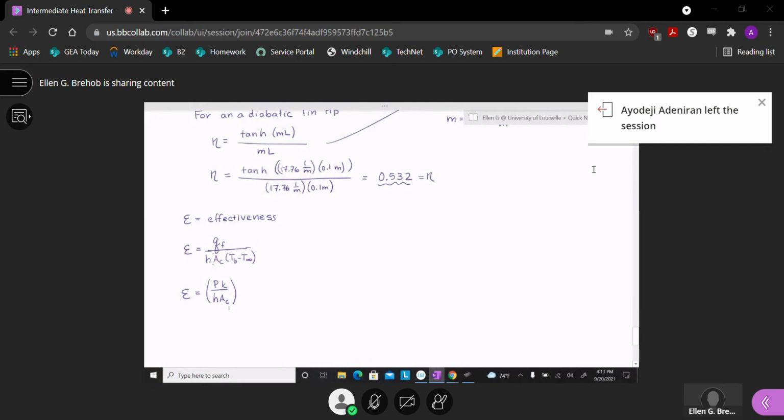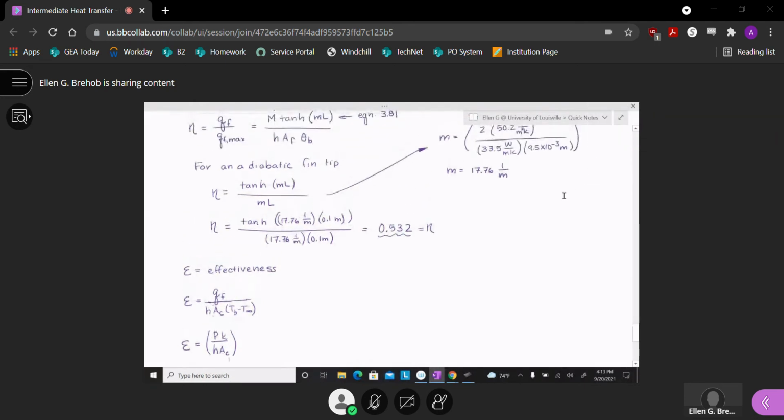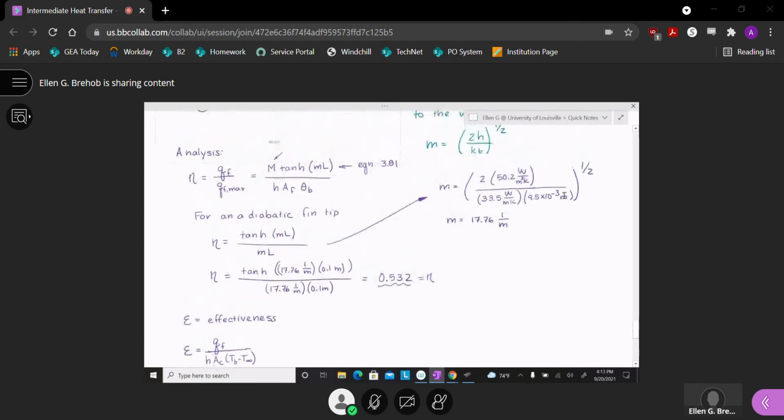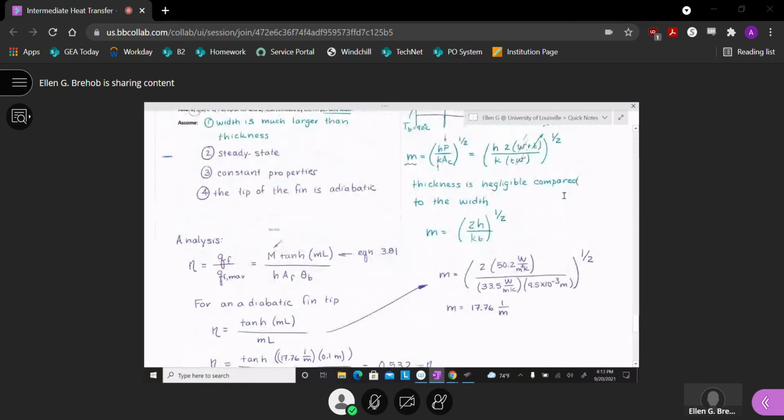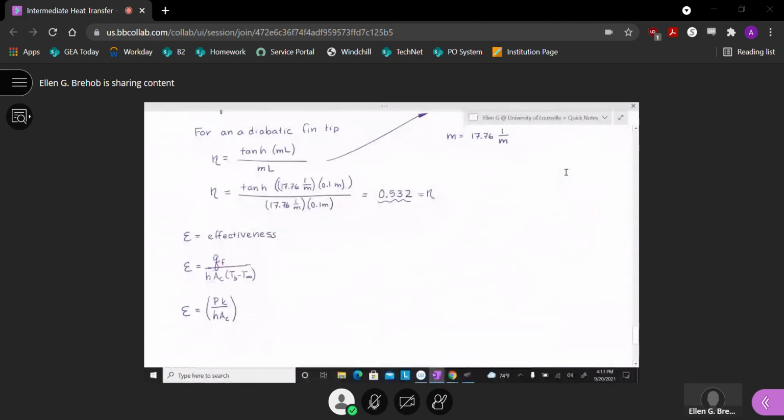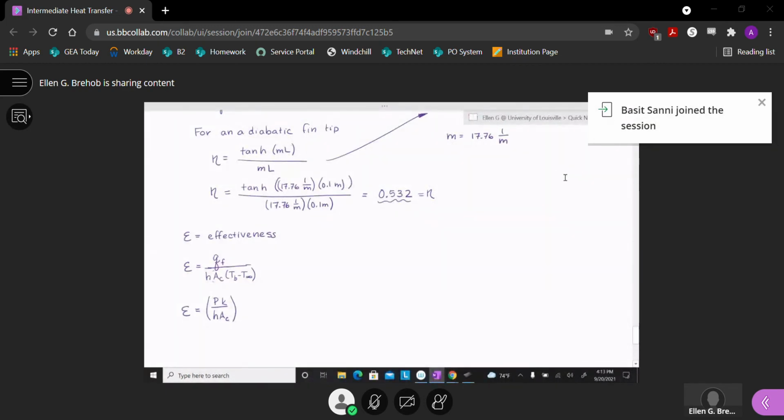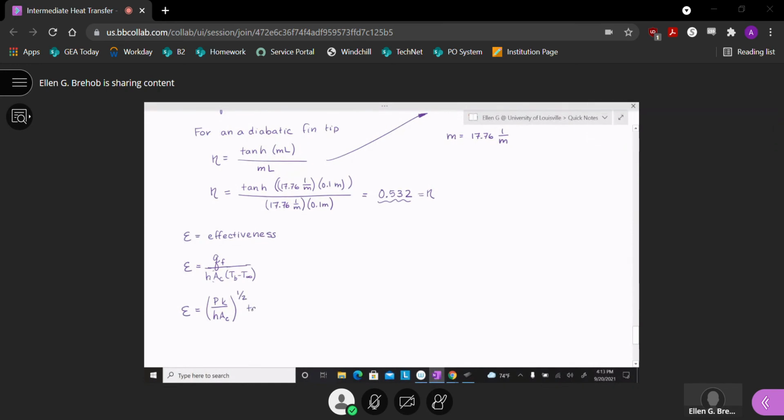So m, what did m look like? h P over k A_c. It's not the same thing. So many of these combinations roll around here, but that is not our little m. So we're going to have to put together this combination of terms.